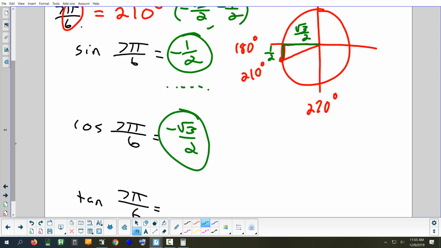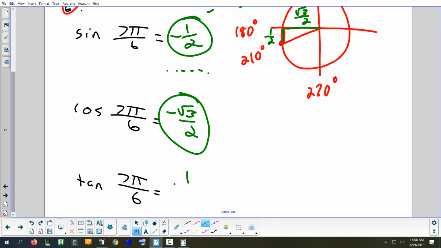If you divide them, what would cancel out? 2's and what else? The negatives. So I'd be left with 1 over the square root of 3. 1 in the top, square root of 3 in the bottom. And does anyone remember what that turns into when you fix it? It's come up a couple times. Square root of 3 over 3. Good job.